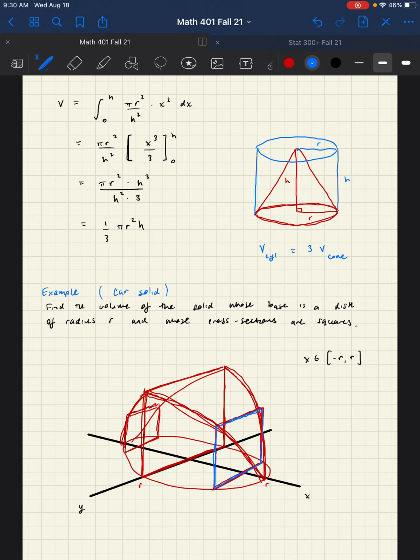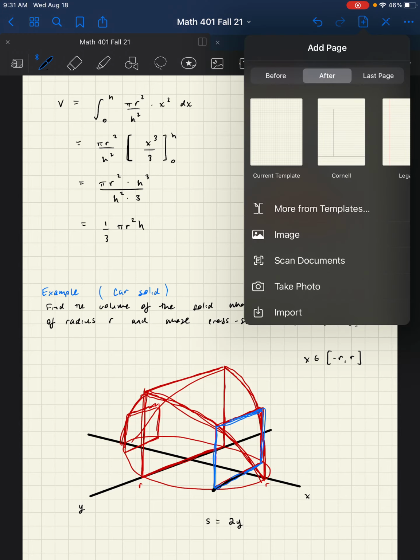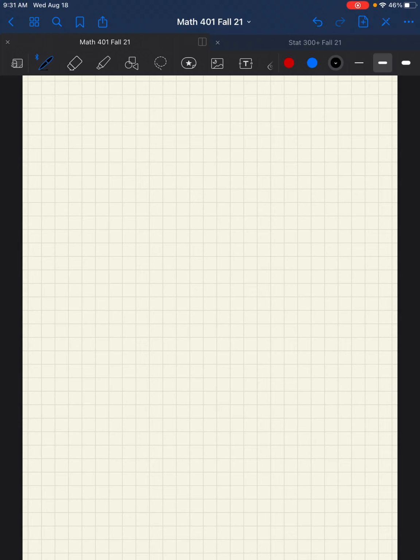Then the thing that we're integrating is this cross-section. The question is, what is the area of that? Because we know it's a square, but what's the side length? All we know is that the side length is 2 times y, the y corresponding to x along the base.